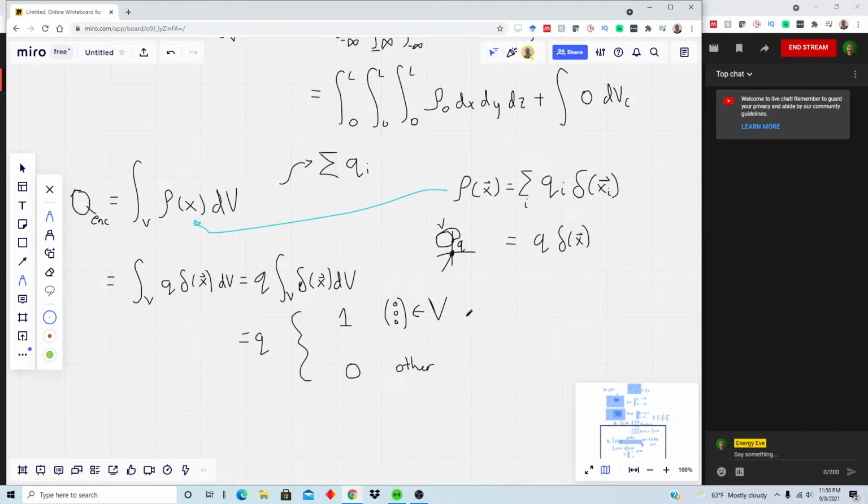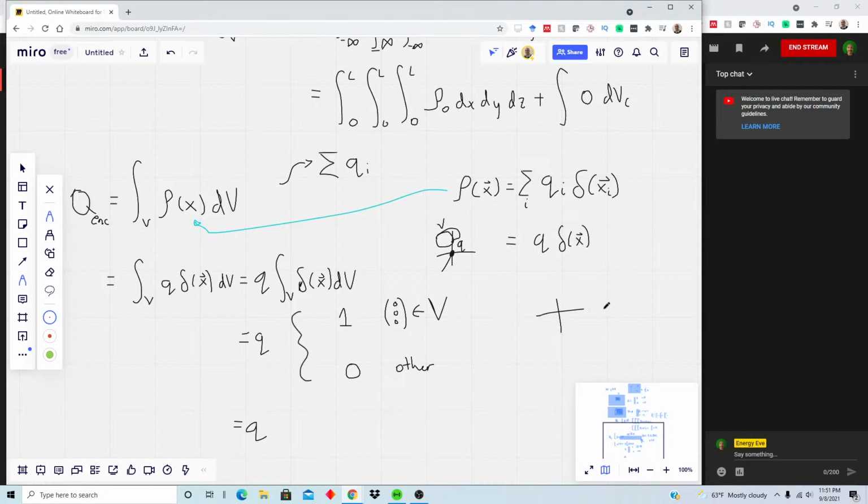What this means is the space that I'm integrating, is this origin point contained in the volume that we're integrating? Because remember, this could be all space. If this is all space, then yes, this integral is 1. And what will our value be? It'll be Q if it's enclosed, right?